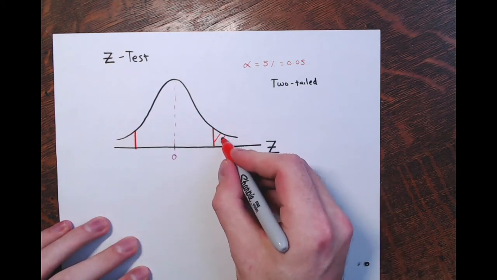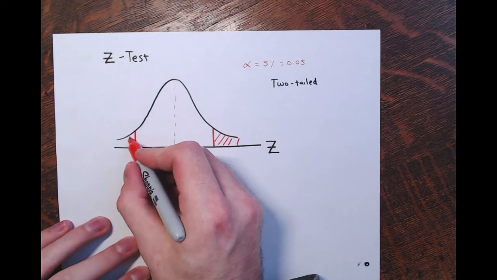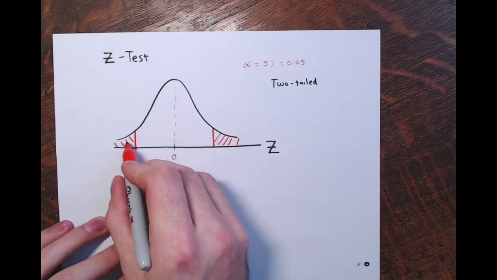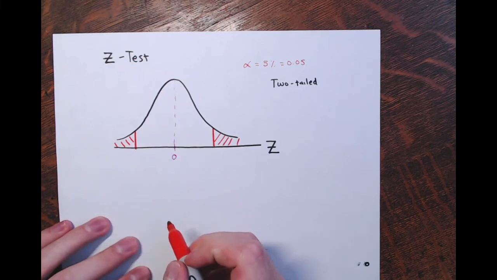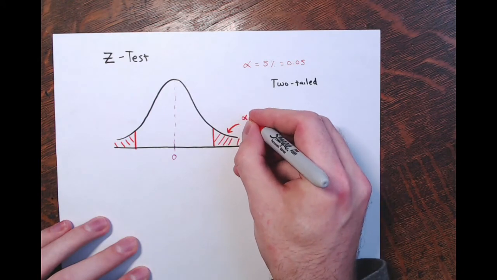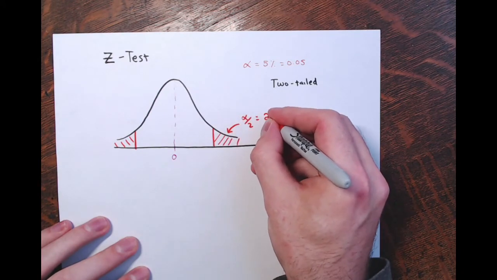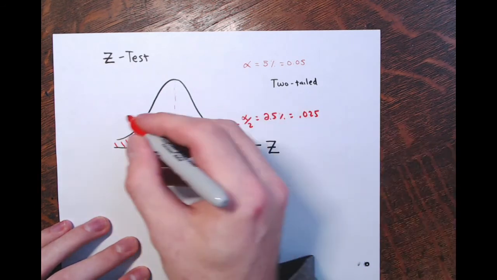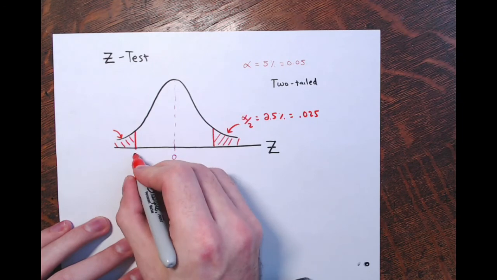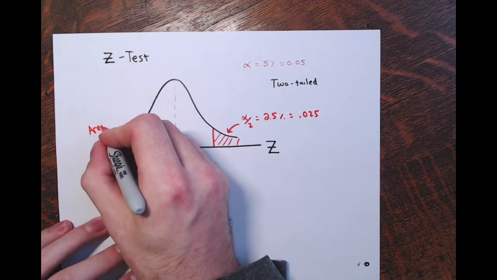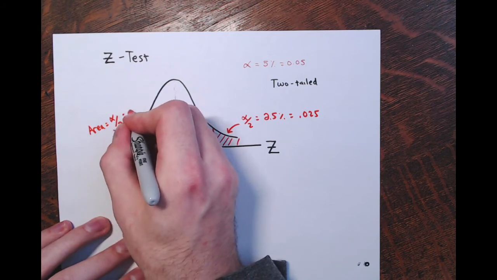I want the area beyond them, the area to the right of the right critical value and to the left of the left critical value, to have a total of 5%. So this has an area of half of alpha, 2.5%, or 0.025. Same with this region over here to the left of this critical value: half of alpha, or 0.025.